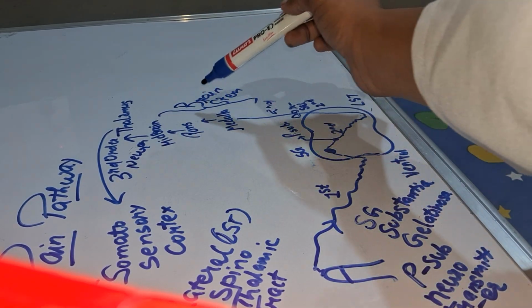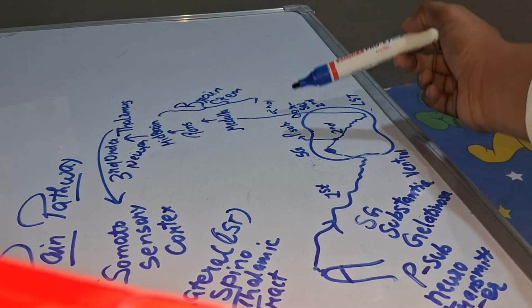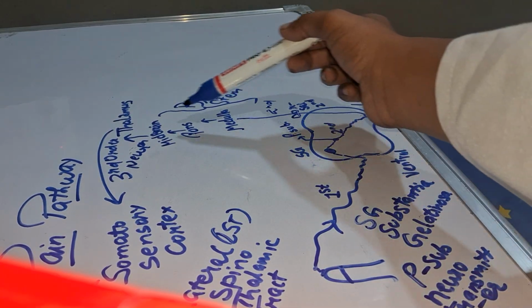These three comprise the brainstem. All right, and the neurons involved are second order only.